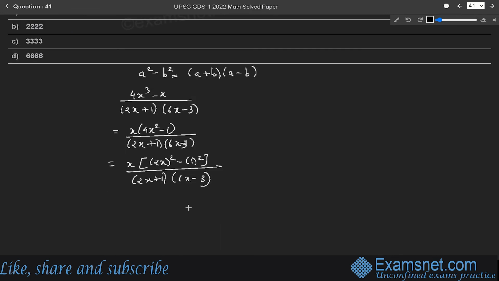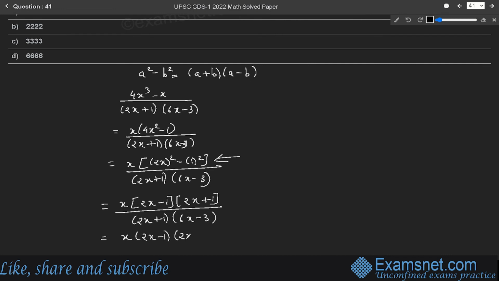On further solving, we will get, see, this is in the form a² − b². So it will be x into (2x − 1) into (2x + 1) upon (2x + 1) into (6x − 3).